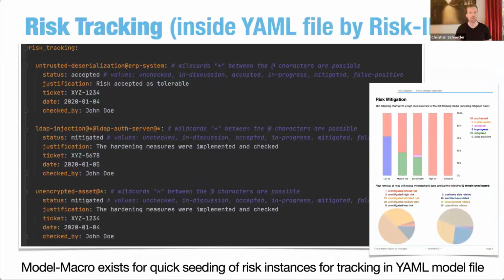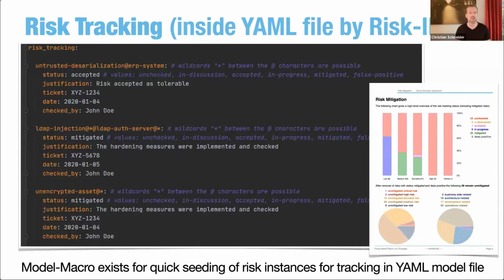Risk tracking state is also taken care of. So you have, as said, each risk has a unique identifier, a speaking one, untrusted deserialization at ERP system, or LDAP injection at something, asterisk. And so you can have in these groups, you can even use wildcards to assign a certain state to a group of risks.